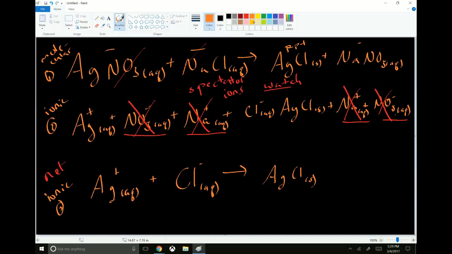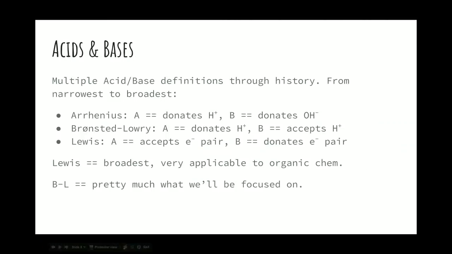It doesn't help us to do much. Its main function is just to help you get from 1 to 3. It's just a lot of extra writing for an equation we're not really going to use for much. Let us move on from talking about soluble compounds in general to talk about a specific class of soluble compounds. Acids and bases.